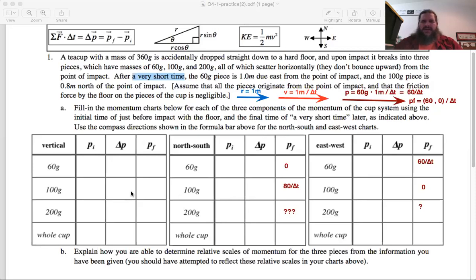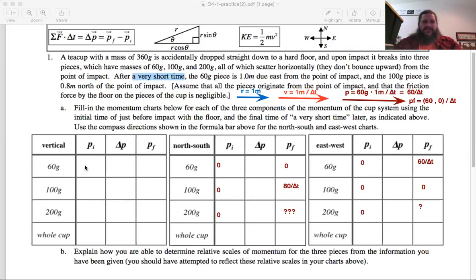So if it's moving straight down, how much of that is north, south, or east, west? None. Moving straight down means it's not moving north or south, it's not moving east or west. So at the beginning, all of the north-south components would be 0, and all of the east-west components would be 0.